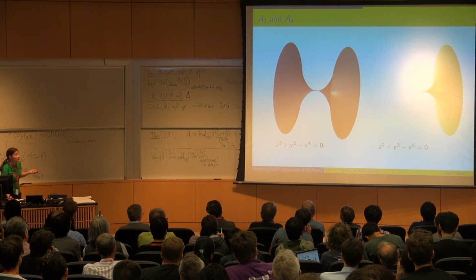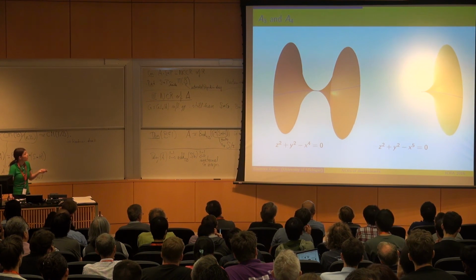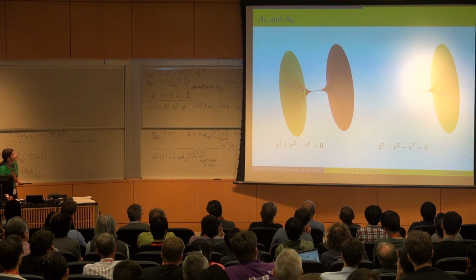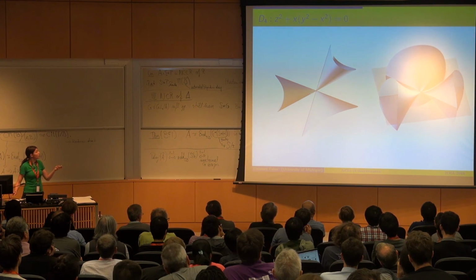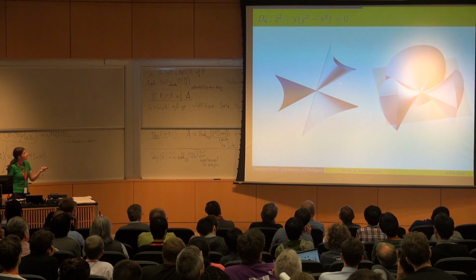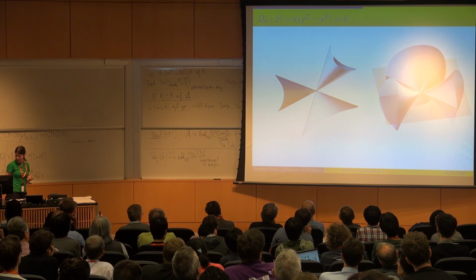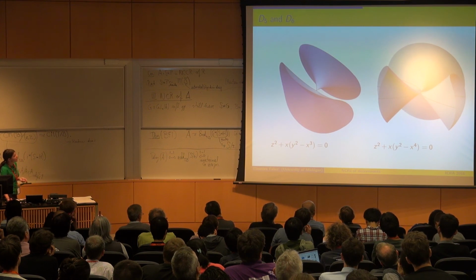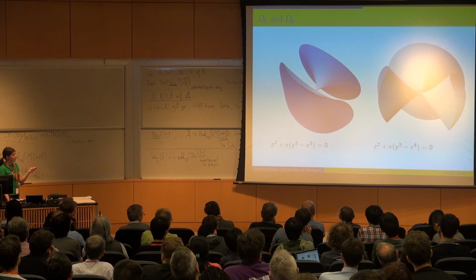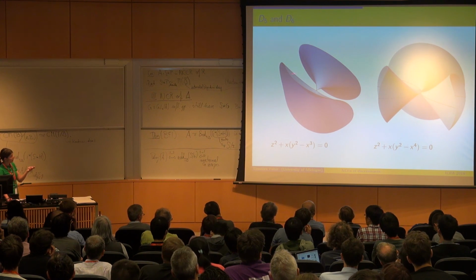Then we have the higher A_n, which just get more singular. Then here is D4, which I tried to draw, and you see that the discriminant is just three lines. The other D_n also look similar. You also see that the discriminant is not necessarily irreducible, but can have more components.